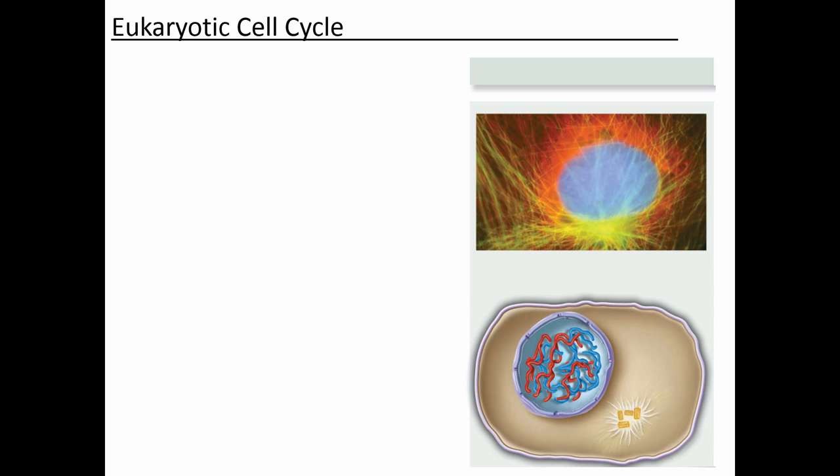And then in animal cells, the centrosome duplicates during this phase. Remember from cell structure and function that a centrosome was an example of a microtubule organizing center. So you have one centrosome, and then you duplicate it, so then you'll have two.